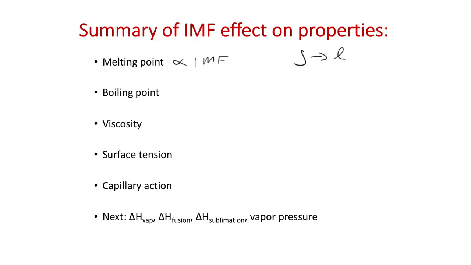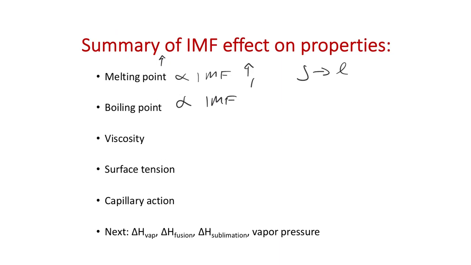Just try to think, is the relationship between intermolecular force and the property directly related or inversely related? We get a direct relationship between melting point and intermolecular forces. Obviously the same for boiling point. We have to break all the intermolecular forces for boiling point to increase. So if we strengthen intermolecular forces, we therefore increase the boiling point.